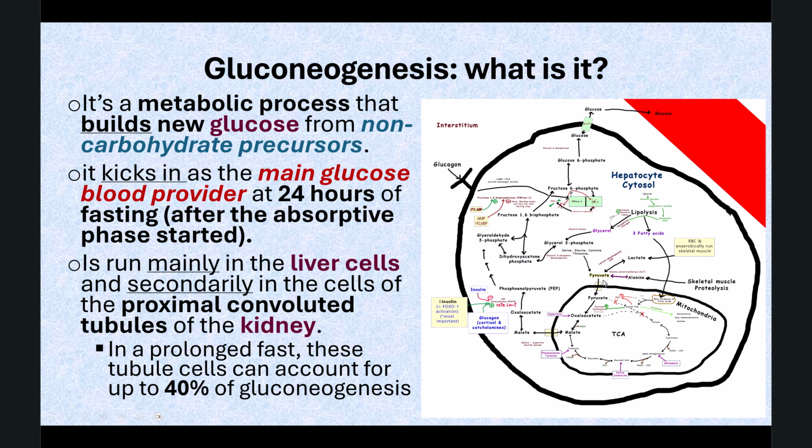And we know pyruvate, that should sound familiar because that's the end product of aerobic glycolysis. In fact, anaerobic glycolysis's end product is pyruvate as well. So for all glycolysis, the end product is pyruvate. And that's where we're going to start the story.